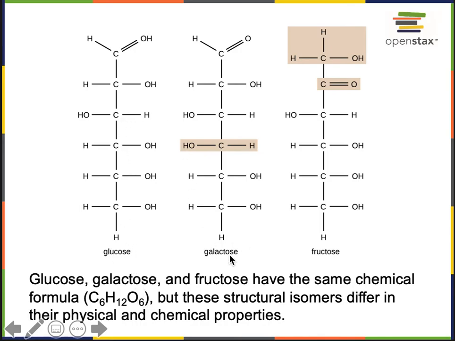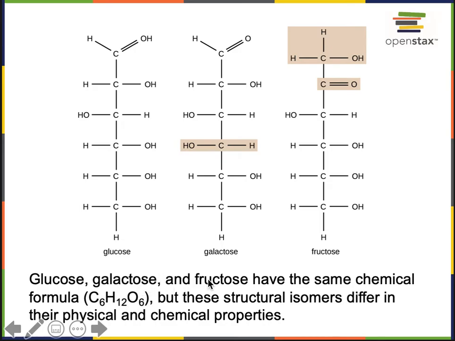Glucose compared to galactose, this is swapped around, and then on fructose we have, instead of having this double bond here, it's here, and then that gets you an extra hydrogen over here, right? So this is a different arrangement, but it still adds up overall to the same amount of carbon, hydrogen, oxygen.